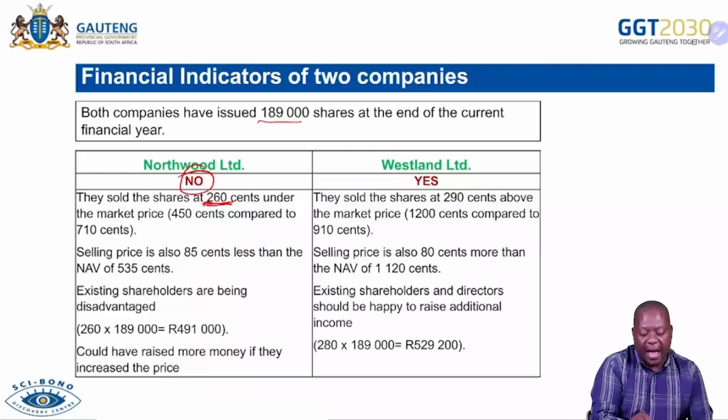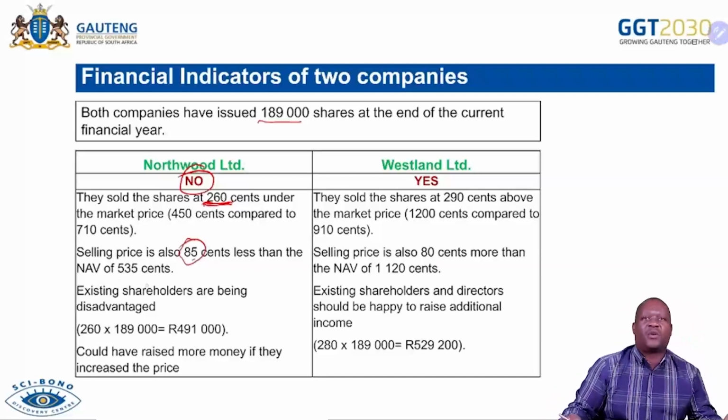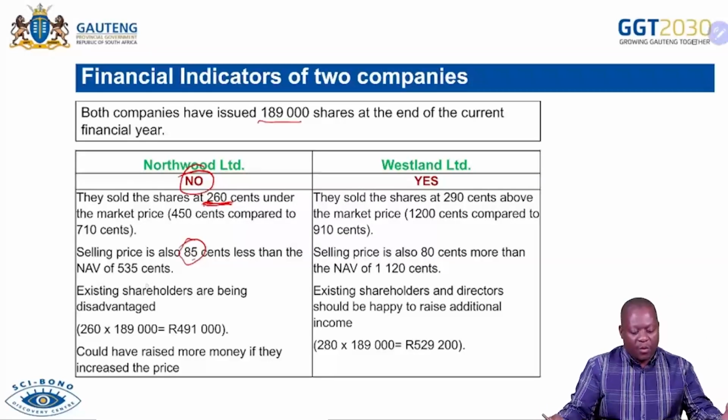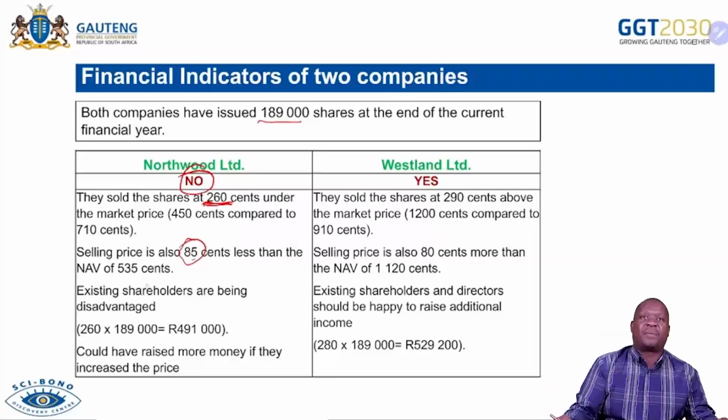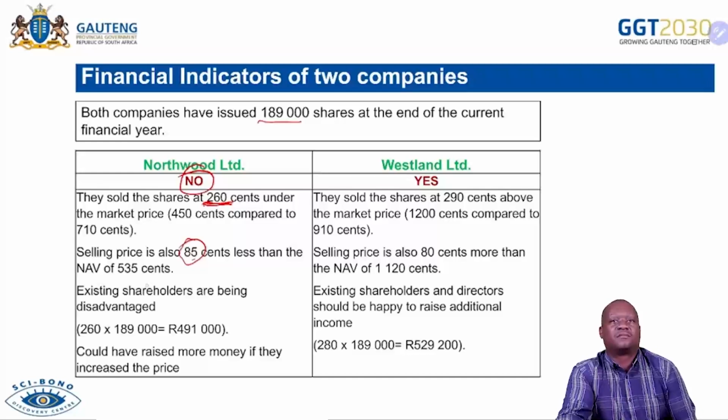The selling price is also 85 cents less than the net asset value. So when we check with the net asset value, we are not winning. When we check with the market price per share, we are not doing the right thing. In other words, we are disadvantaging the existing shareholders.